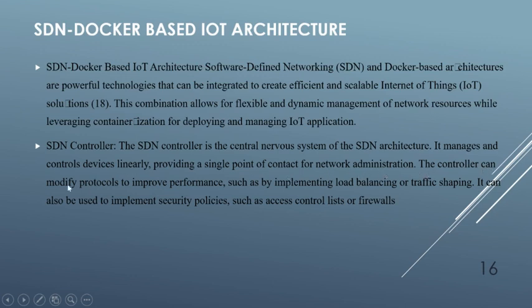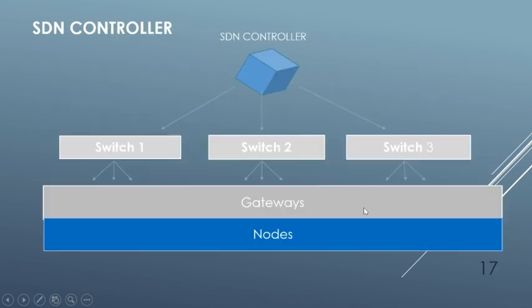The control can modify protocols to improve performance, such as by implementing load balancing or traffic shaping. It can also be used to implement security policies such as access control lists or firewalls.